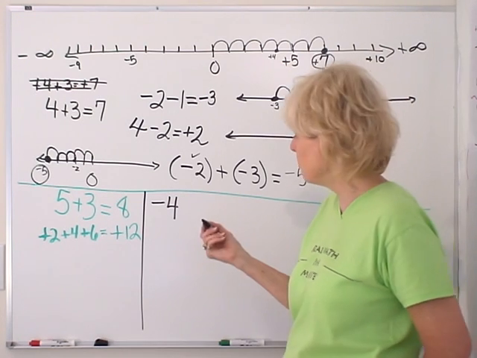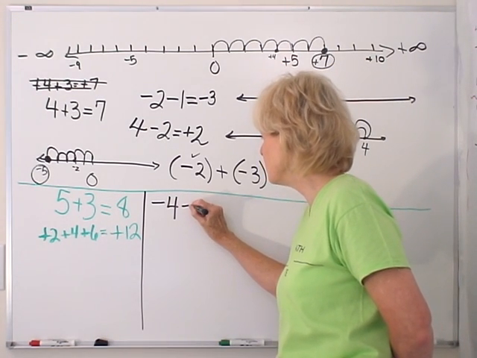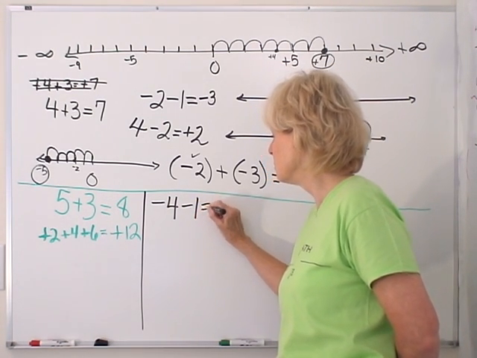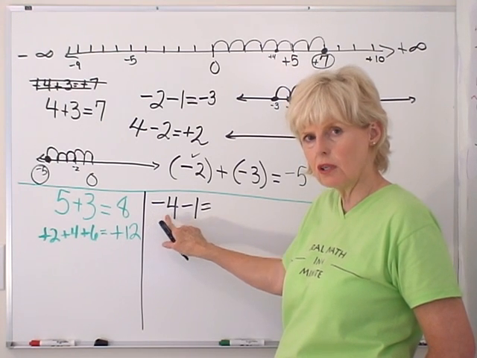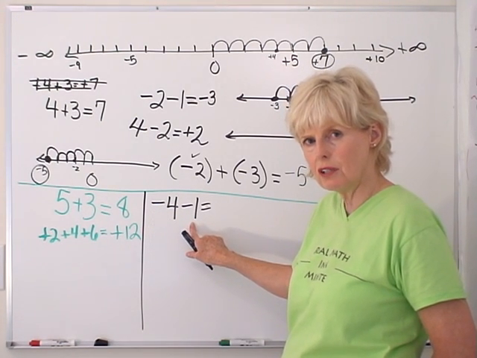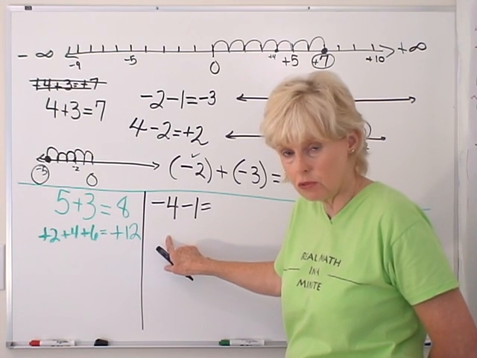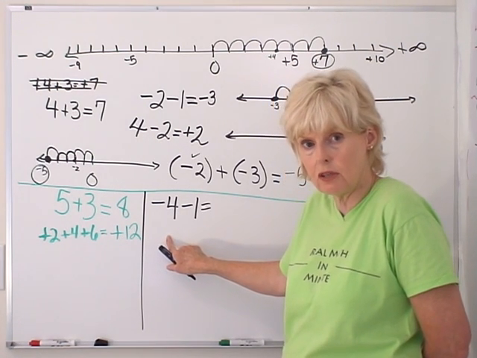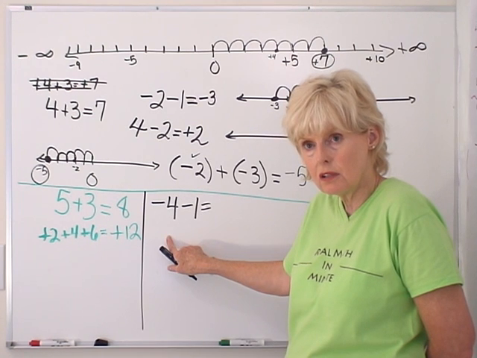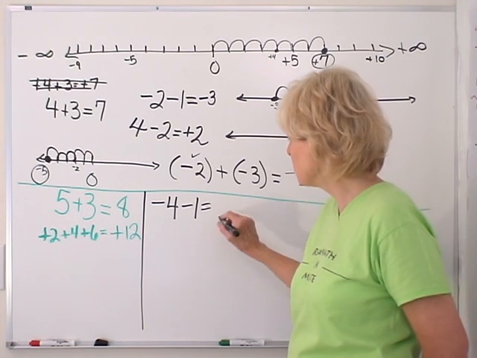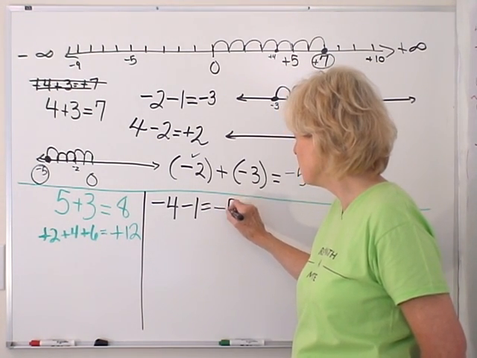How do you know to the left? Because it's going to say -1. So I'm at -4, then I'm going to -1. Well, if I've gone -4 and then another negative, don't I have to be on the negative side of the number line? Yeah. So my solution is -5.